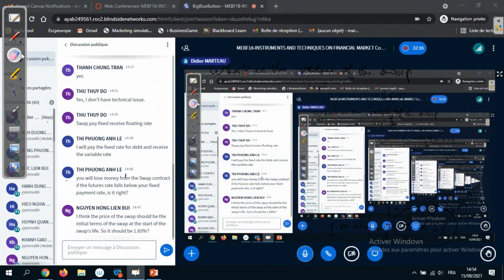But now if you make a new swap, 28 years maturity, you will pay no more 1.65, but now in my example, 3.65%. If you want to sell your swap, to say, okay, I sell you my swap, the guy who buys the swap, instead of paying 3.65, will pay 1.65 because it's your derivative concluded 2 years ago. So he has to pay you how much? How much?